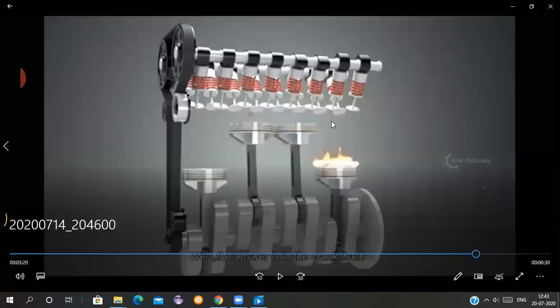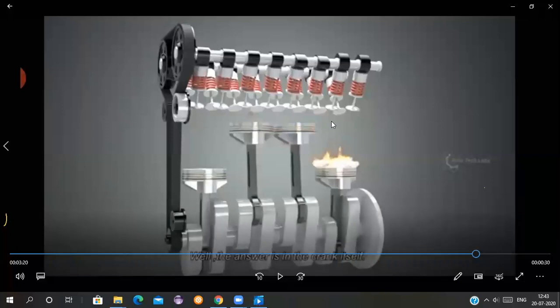If all four pistons are igniting at the same time, what will happen? The crankshaft will get immense pressure. All four pistons will be moving downwards, imagine, at the same time there is a power stroke. The pistons are pushed because of the pressure, and all four give power at the same time to the crankshaft. The crankshaft can break.